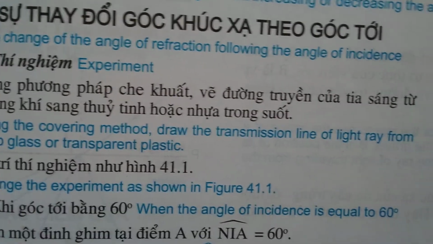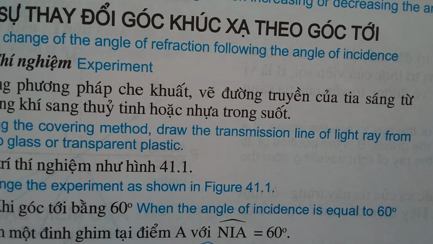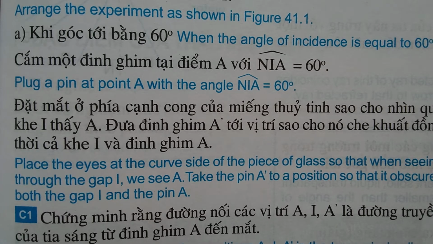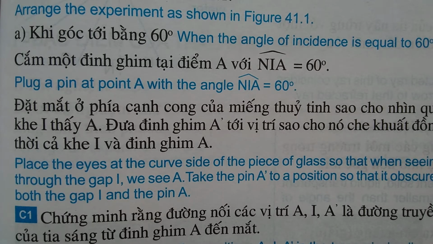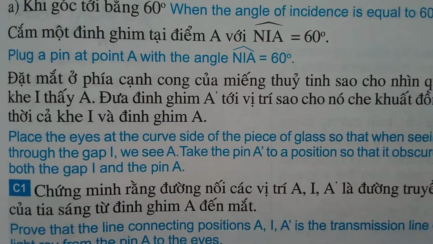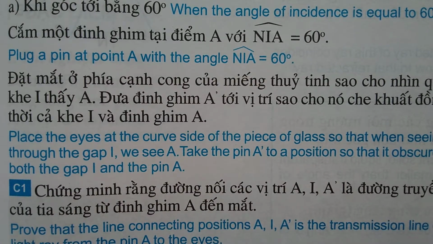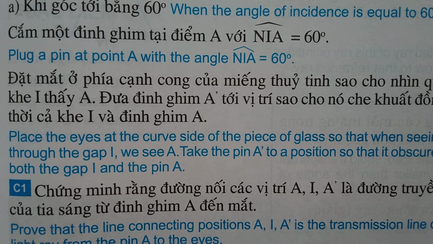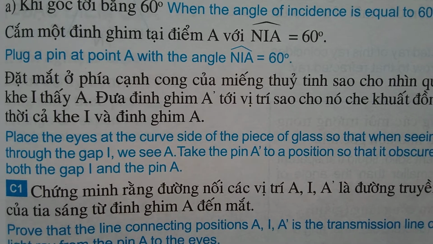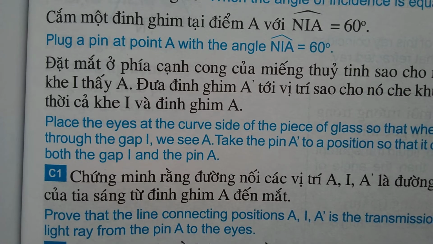When the angle of incidence is equal to 60 degrees, place the eyes at the curved side of the piece of glass so that when seeing through the gap eye, we see A. Take the pin A prime to a position so that it obscures both the gap eye and the pin A.